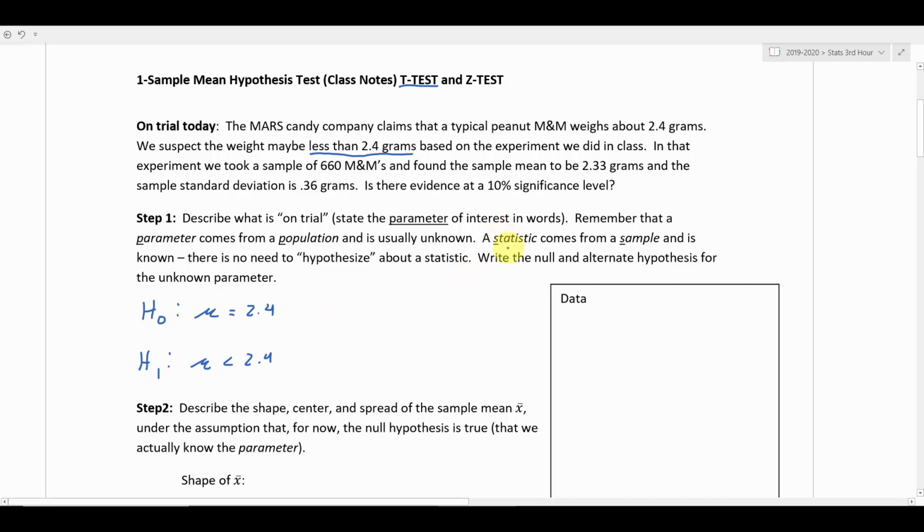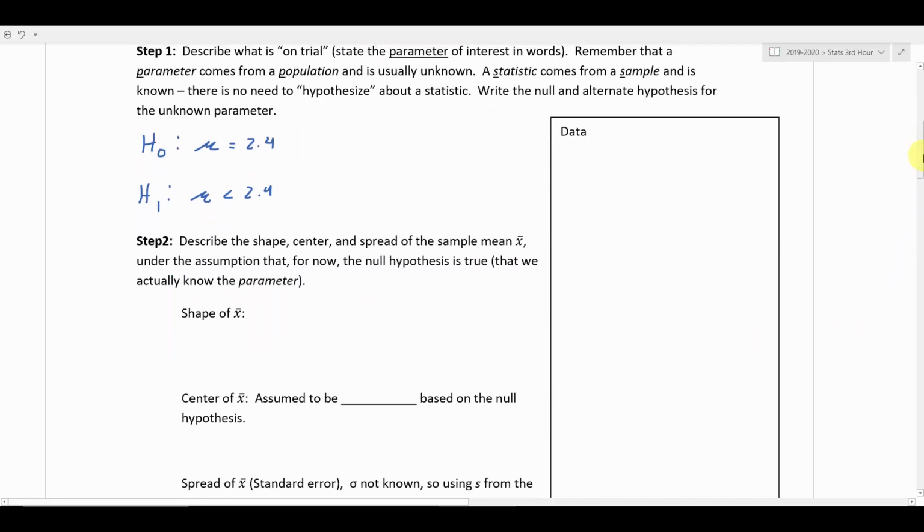A statistic comes from our data, whatever it is that we weigh or measure or collect. That's where the statistic comes from, our sample. So there's no need to hypothesize about a statistic. Make sure that when you are writing your null and your alternate hypothesis that you're using the correct symbol. This should not be an x-bar, it should be a mu, since we're testing something about the population.